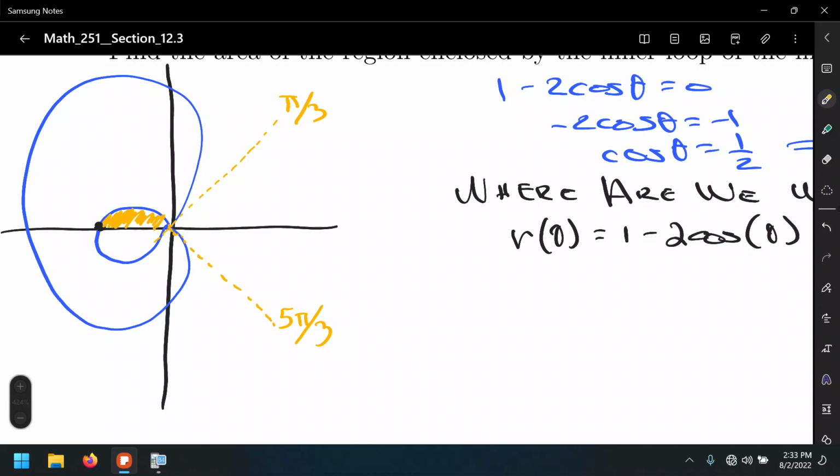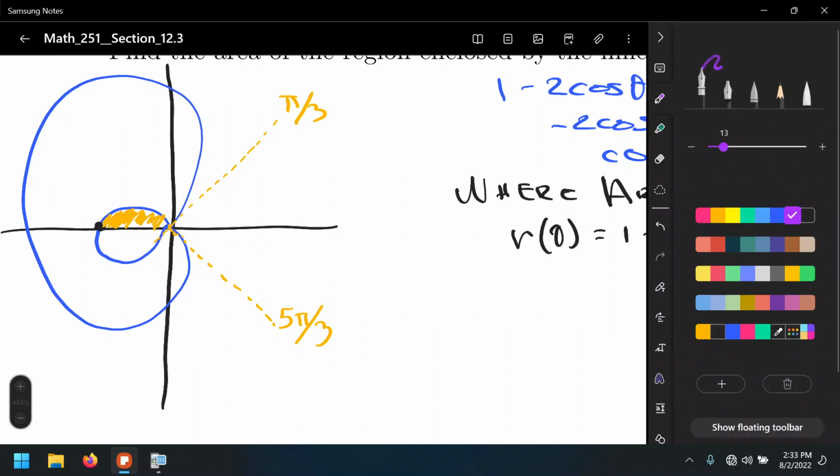and let's label this R1. Alright, and we're going to find the area, well actually it's the area below, not the area above. So let's find the area below, the one that goes from 0 to pi over 3. Alright, and let's label this R1.